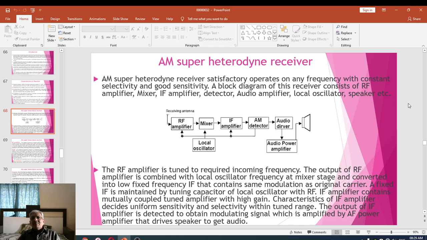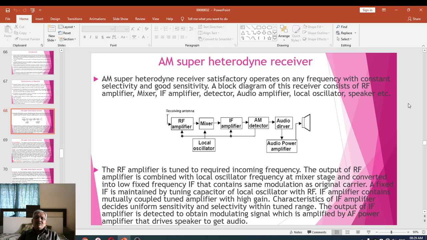Then we have studied the types of receivers, radio receivers obviously. Then we have studied the characteristics of a radio receiver. After that, we have studied the super heterodyne principle.